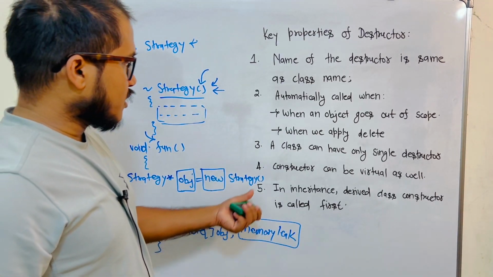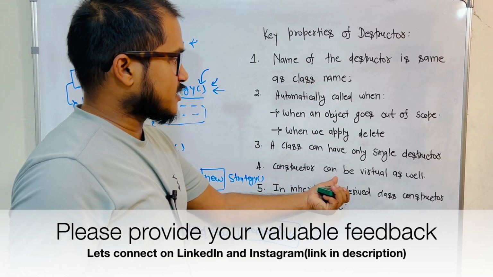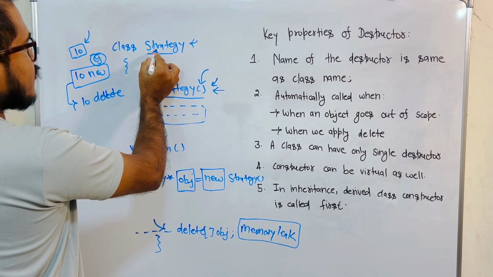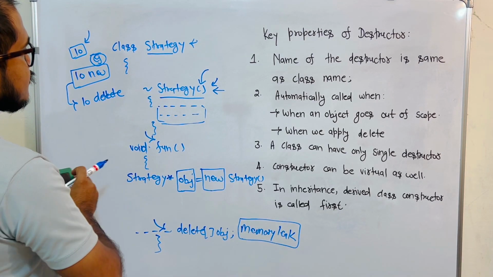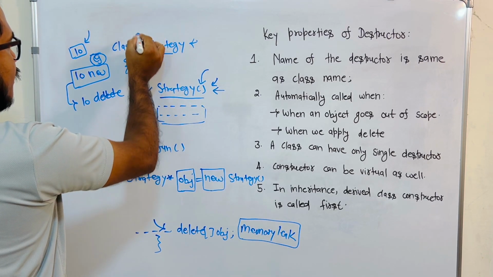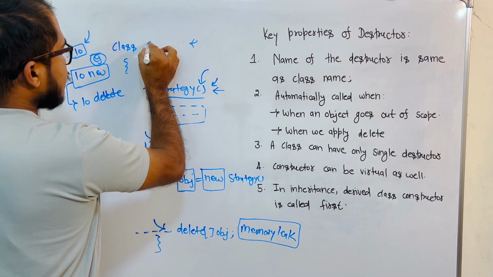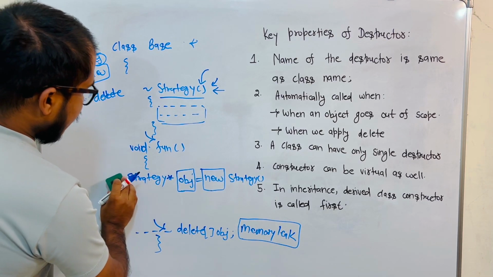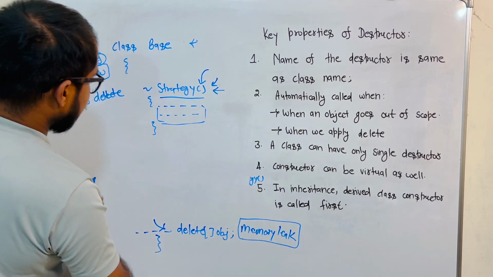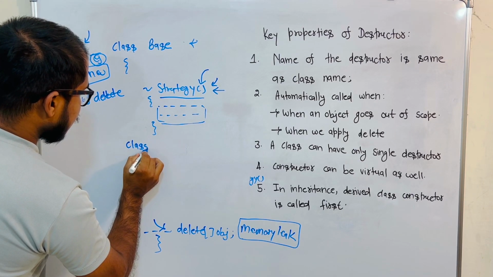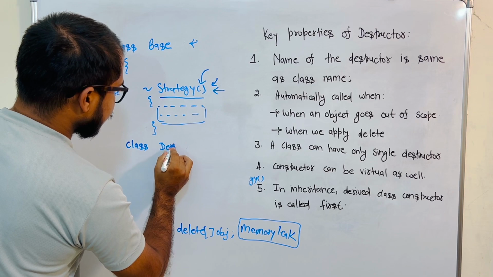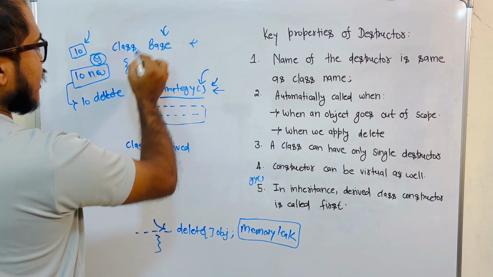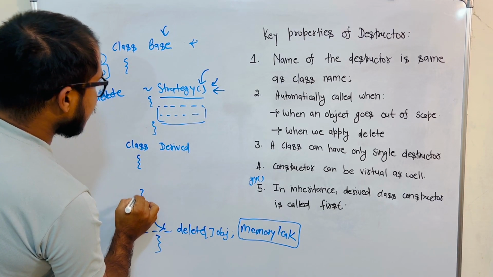Now if I talk about the fourth property, then I will say a destructor can be virtual. It might happen that this class is the base class, and from this particular class I am creating another class by inheriting from it. So let's say I am calling this class a base class, and I am creating another class from this base class, and I am calling this the derived class. So the destructor of this base class can be virtual depending upon the use cases.